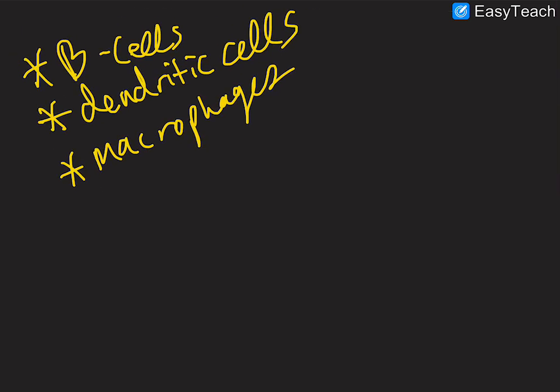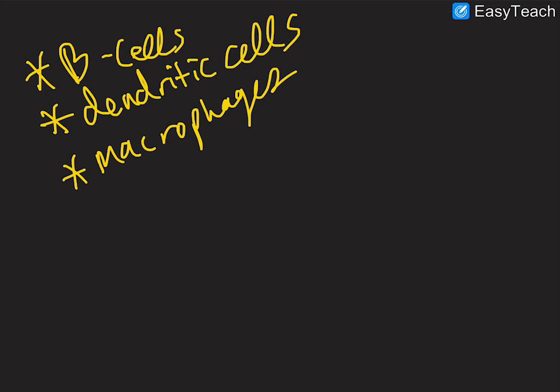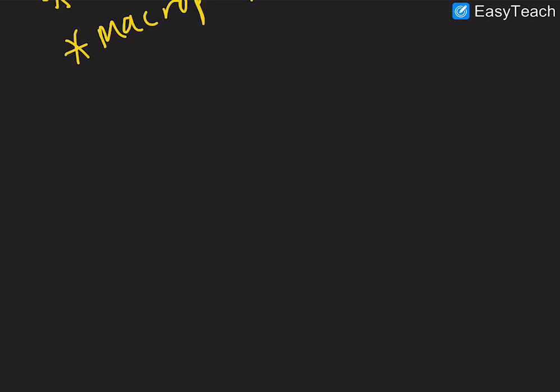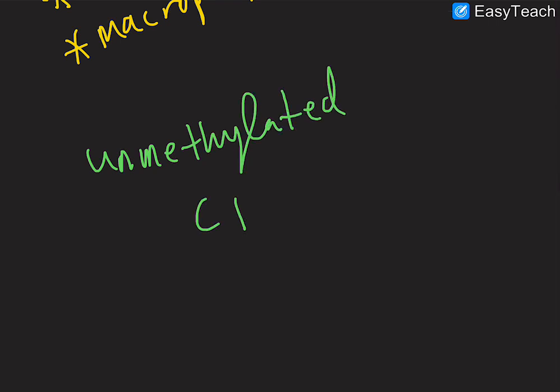So let's go and see how Toll-like receptor 9 gets activated and what that leads to. It's actually going to be pretty similar to Toll-like receptors 7 and 8. Toll-like receptor 9 recognizes and gets activated by unmethylated CpG DNA. Let's write this down.